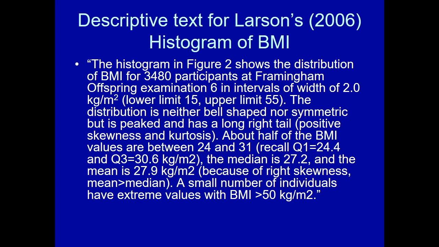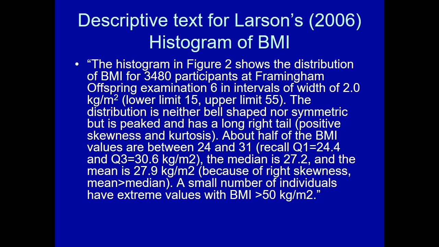So what this is basically telling us is that the lowest BMI value reported was 15, the highest value reported was 55. Q1, or the first quartile, the first fourth of the data, had a value of 24.4, the third quartile had a value of 30.6, the median value was 27.2, and the mean was 27.9.